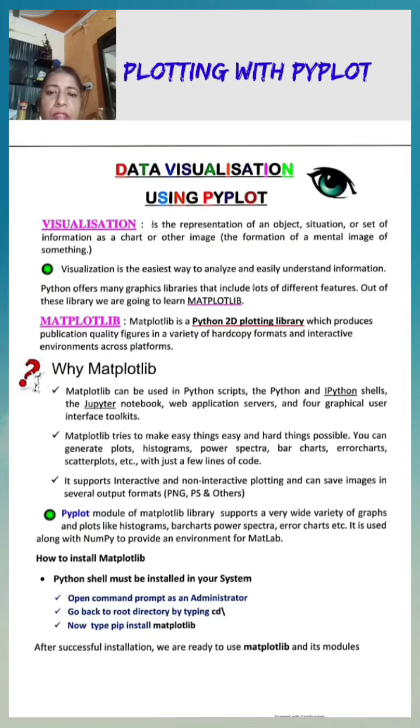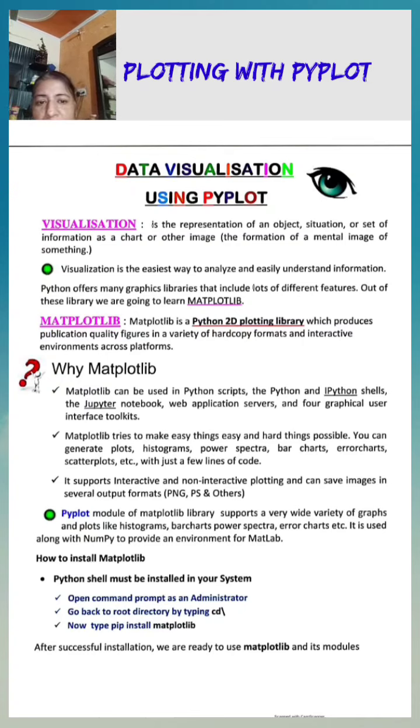In Python there is a library matplotlib that is used to draw the graphs. The quality of the graphs is very fine, so that you can use these images in publication also, and across the platform you can import these graphs in your documentation, in your project.